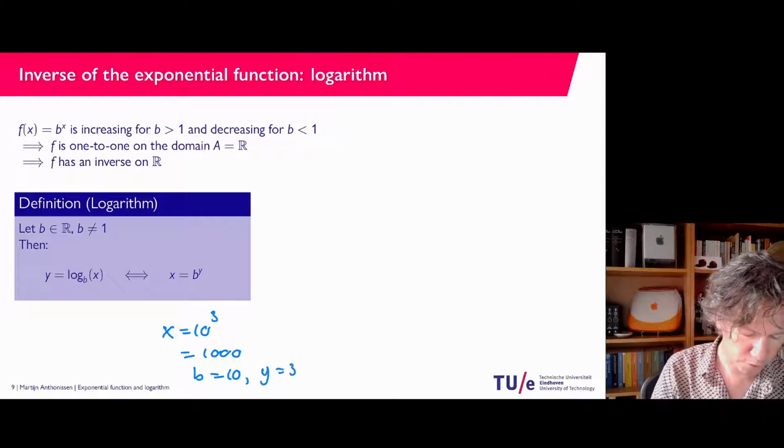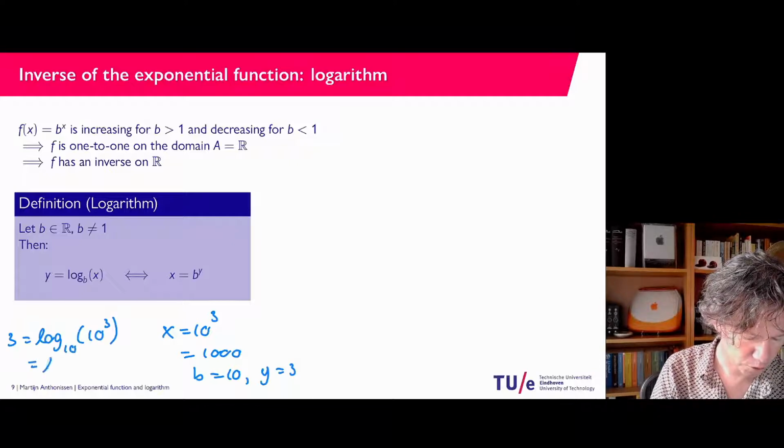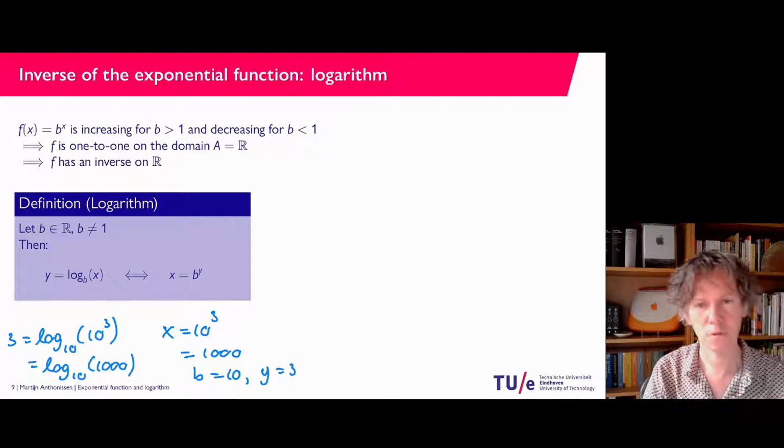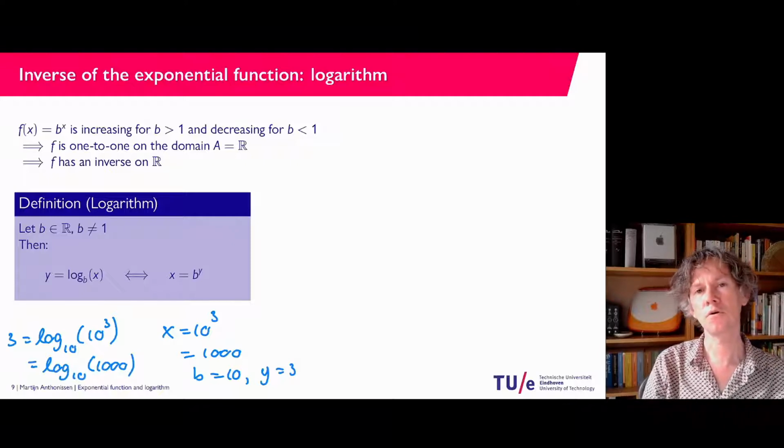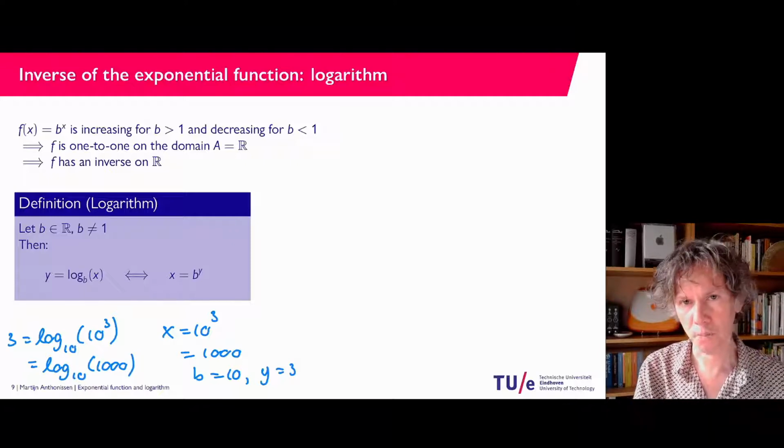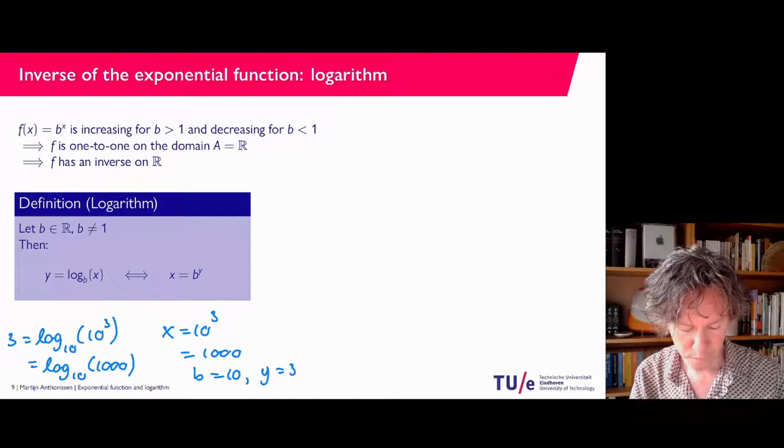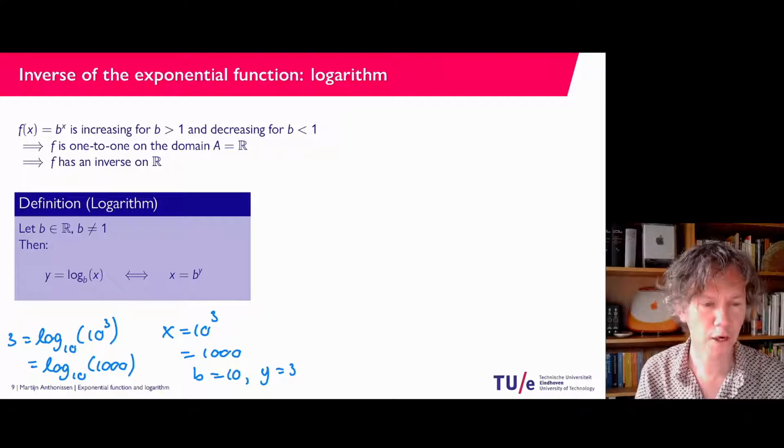So what we find is that 3 is the 10 log of 10 to the power 3, which is the 10 log of 1000. So the 10 log of a million, 10 to the power 6, is going to be 6, and so on. So this is how that works.